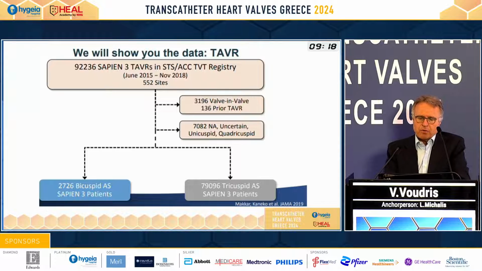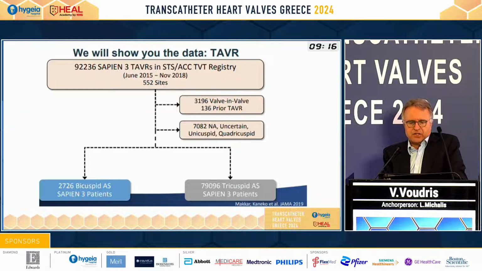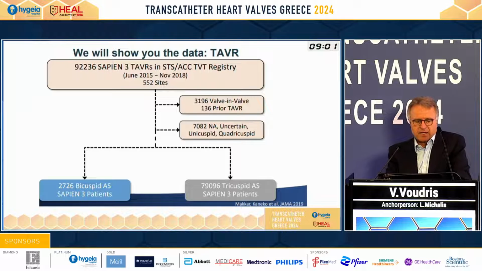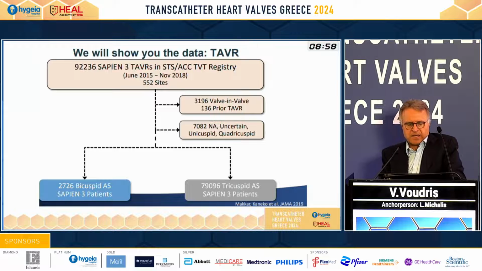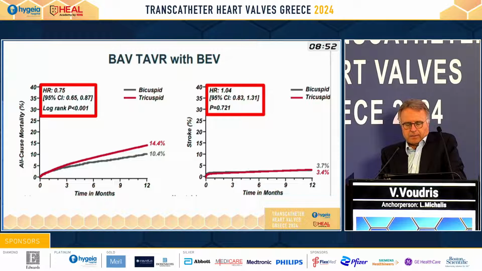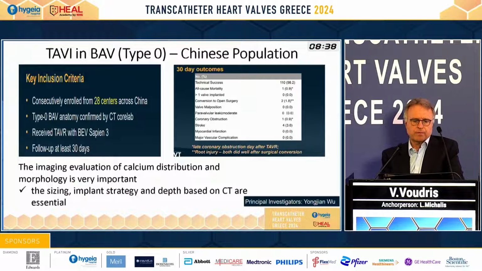This is data from the STS-ACC TAVI registry using the SAPIEN 3 valve from June 2015 to 2018. 2,726 bicuspid aortic stenosis patients were treated with the SAPIEN 3 device. At 1 year, the all-cause mortality was statistically better in patients with bicuspid morphology, and there was no difference in the incidence of stroke.